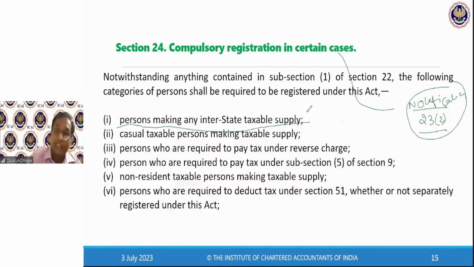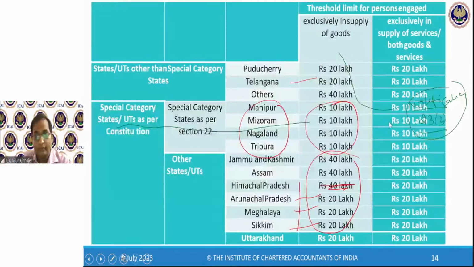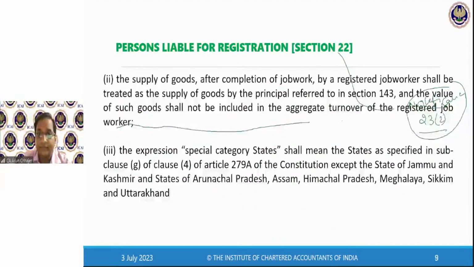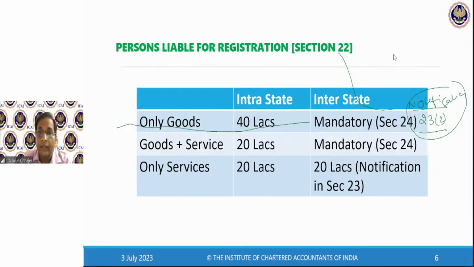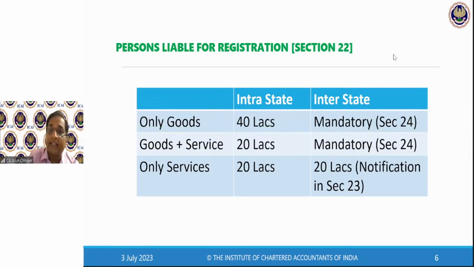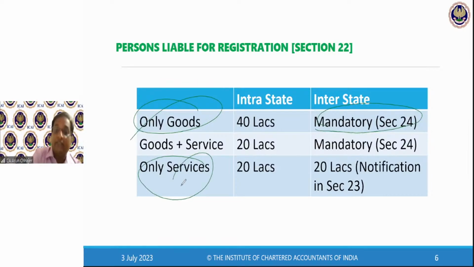But just now I have told you one thing. एक चार्ट हमने देखा था ना, और इस चार्ट में मैंने क्या कहा आपको? इस चार्ट में तो मैंने सिर्फ गुड्स की बात की, but only services I am saying still 20 lakh.